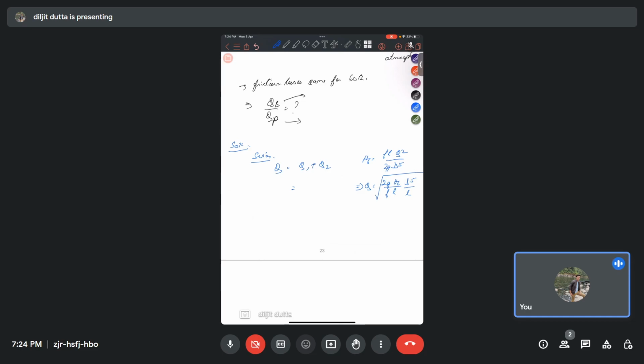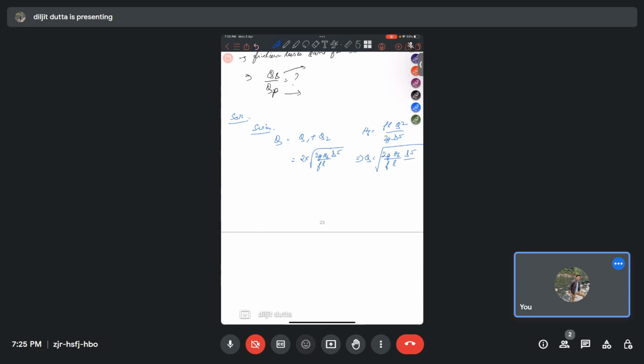You have seen that both the pipes are identical, so D, L, HF, everything will be the same, so it will be 2 into d to the power 5. The total discharge is this one. Sorry, this is for the parallel connection.